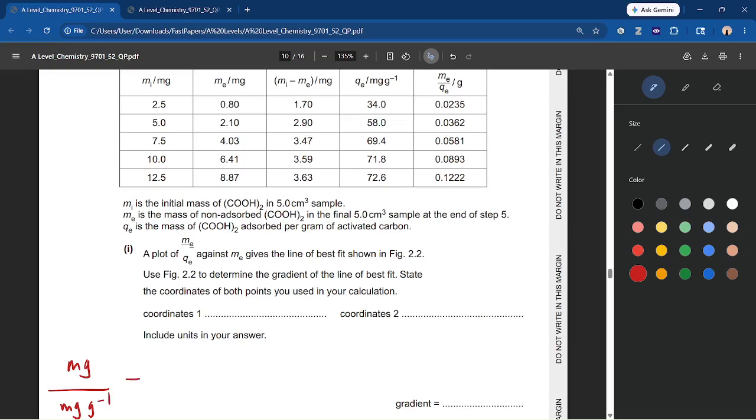So when you bring it up, it's going to be gram. QE is in milligram per gram, minus 1. So does this just come out to gram for that?